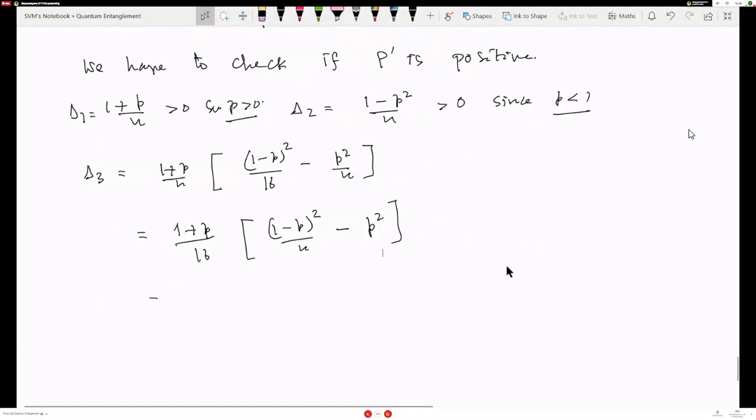So that is equal to (1 plus p) by 16 into (1 plus p square minus 2p, minus 4p square).